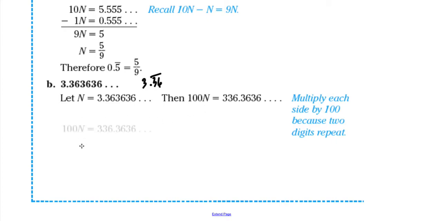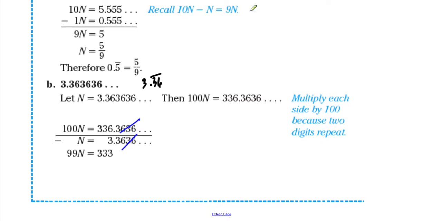We subtract n, which is 3.3636..., from 100n, which is 336.3636... You will end up with 99n equals 333, because 336 minus 3 gives you 333. And if you notice, the repeating digits disappear.